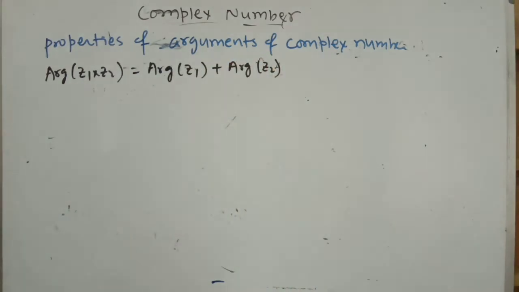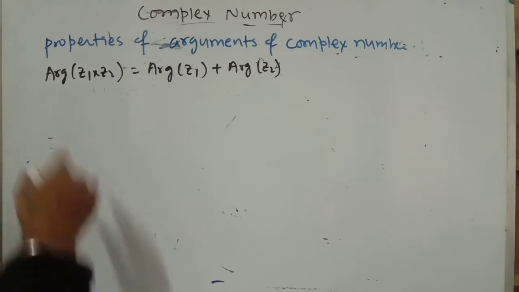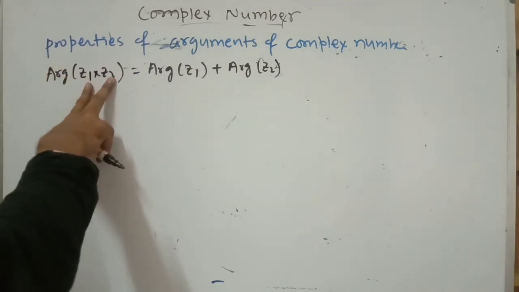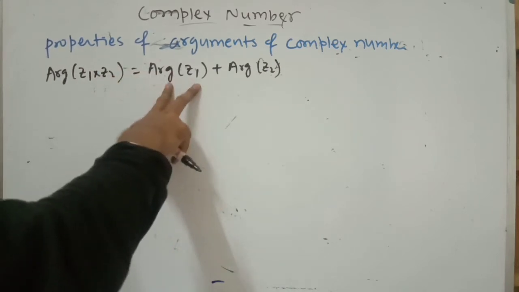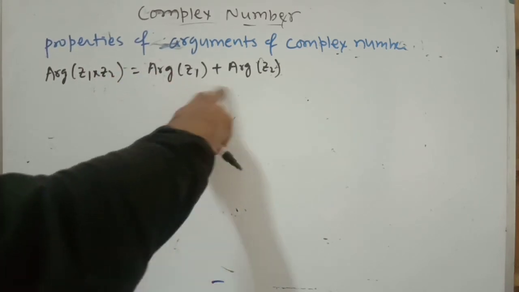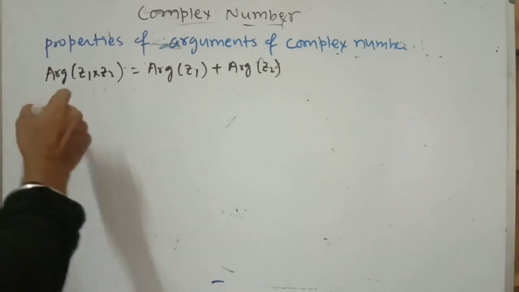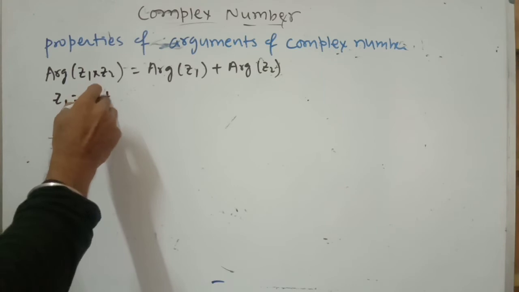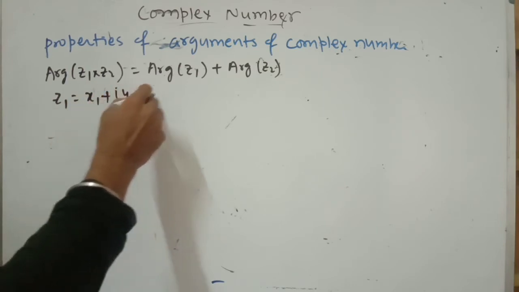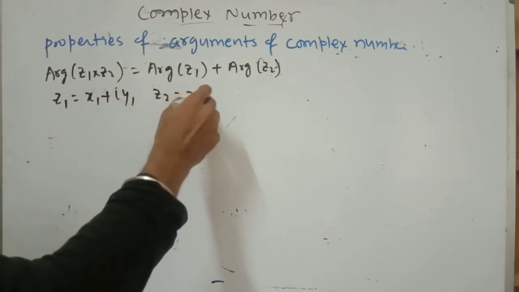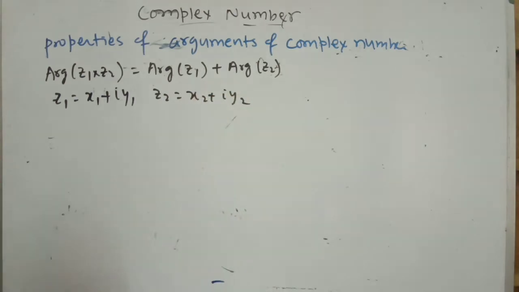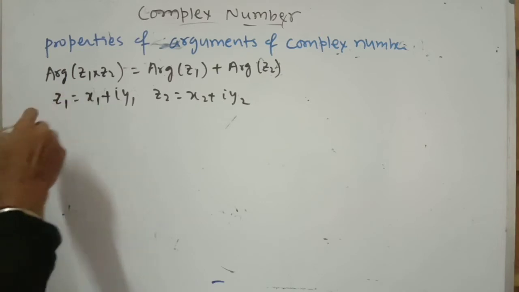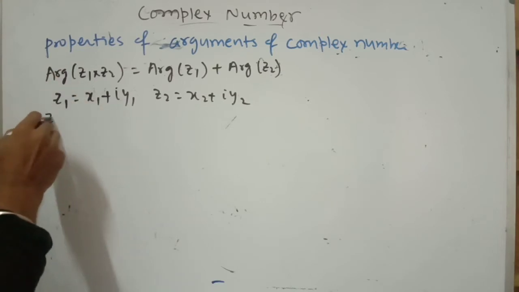So you can also prove it. When you find the argument of the product of complex numbers, it becomes the sum of the individual arguments. So let me consider z1 equals x1 plus i y1, and z2 equals x2 plus i y2. To find the argument of the product, first multiply these complex numbers.